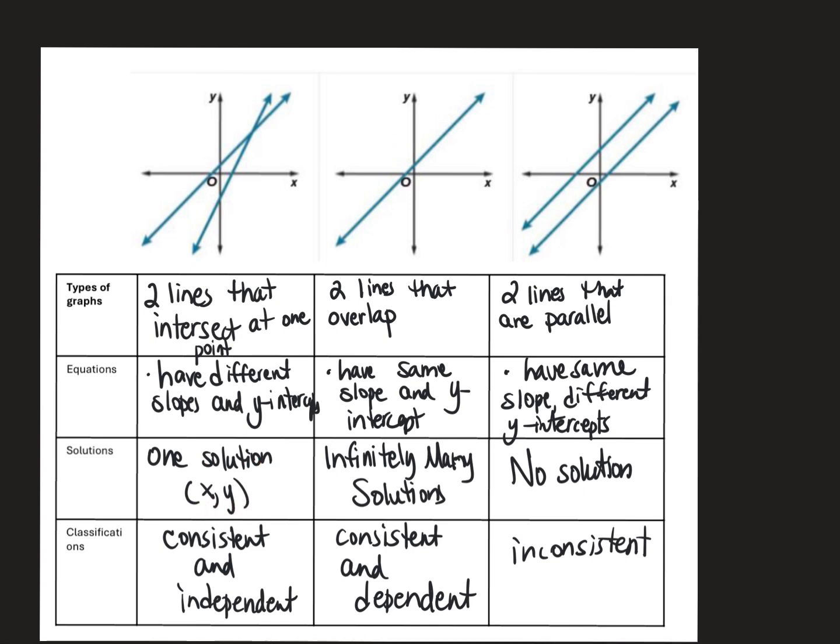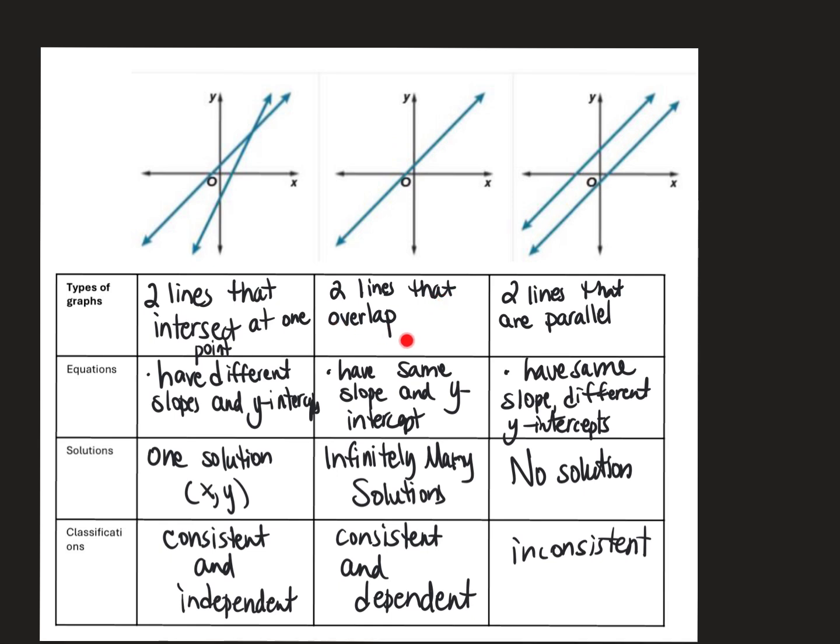When you're asked to classify these solutions, this one is consistent and independent. When it has solutions, it's consistent, and when it has one solution, it's independent.